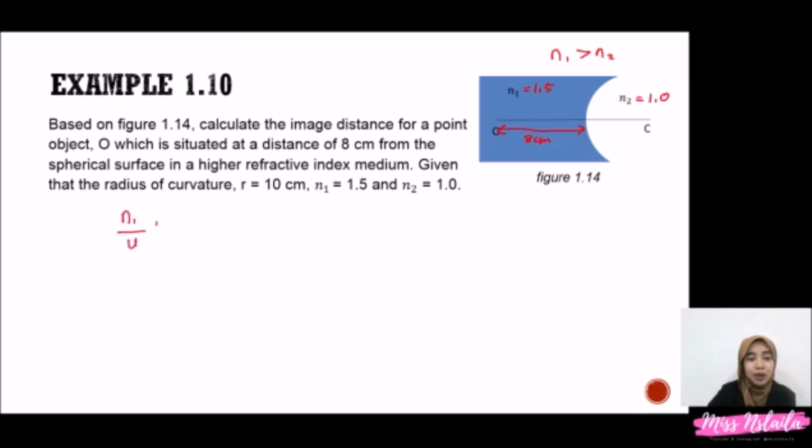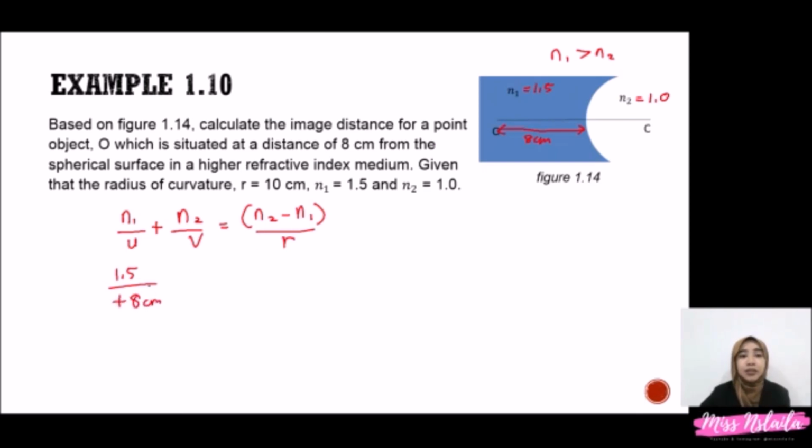N1 over U plus N2 over V equal to N2 minus N1 divided by R. So N1 is equal to 1.5, U is equal to positive 8 cm because the object is placed in front of this spherical surface, plus N2 1.0 over V equal to 1.0 minus 1.5 divided by R. Now let's check whether R is positive or negative.